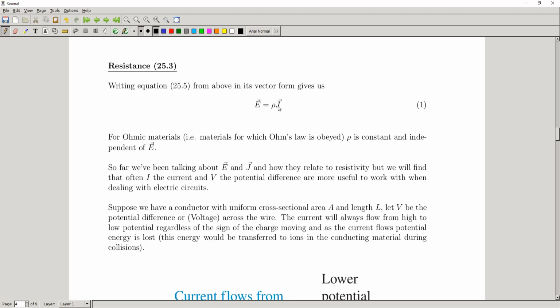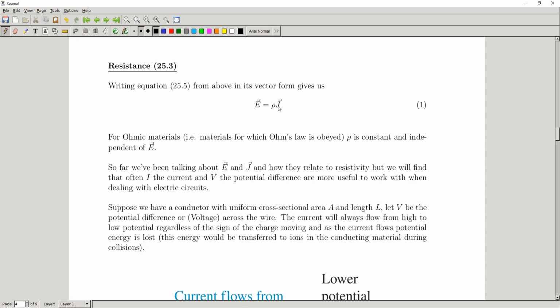So we now want to change this. We've been talking about our resistivity in terms of electric fields and our current density, but we're going to find that it's often easier to talk about resistance, and to talk about what's going on in these circuits in terms of current and potential difference.